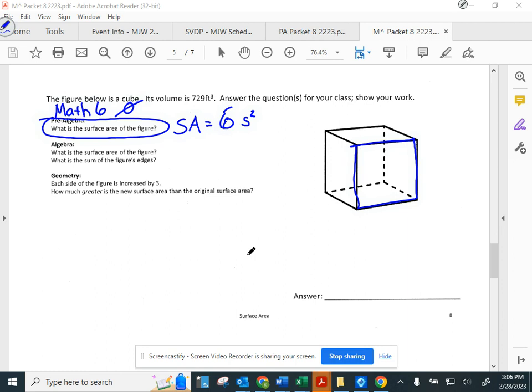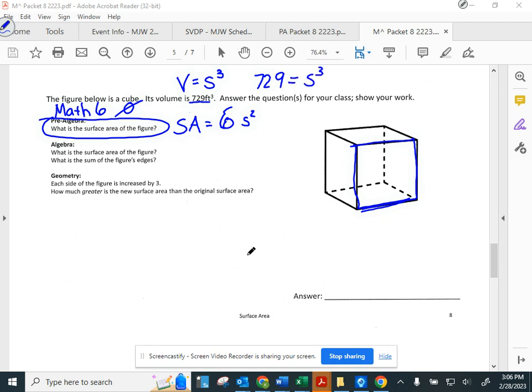So we know that the volume of this cube is 729 feet. To find the volume, that is side cubed. So to find the length of one side, we would take that volume of 729 equals side cubed.